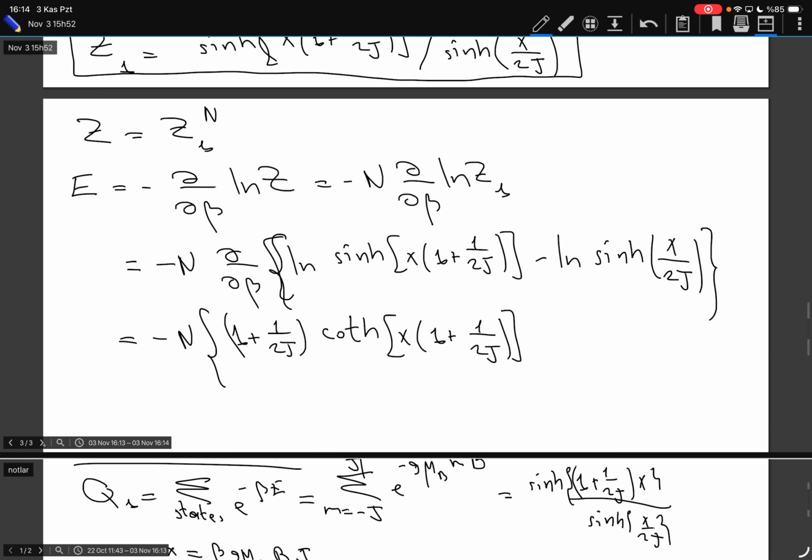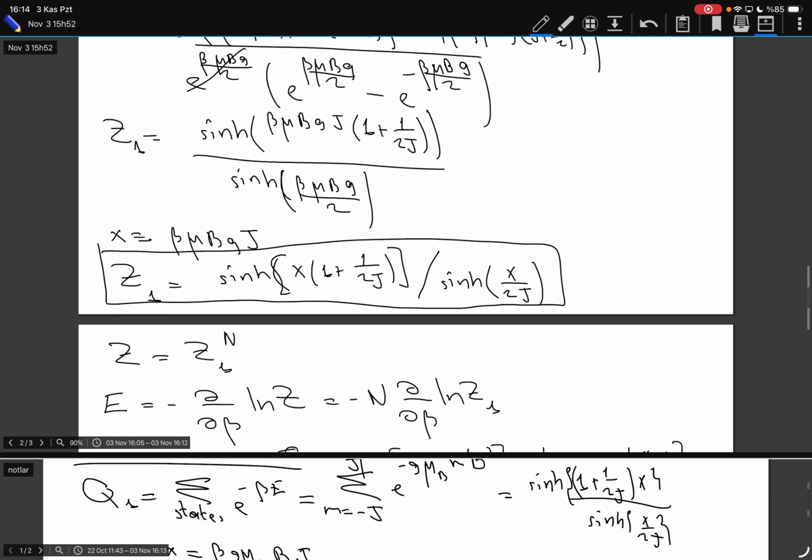Let me write it cotangent hyperbolic. It will be cosine hyperbolic over sine hyperbolic minus, well, the same thing over here, 1 over 2j cotangent hyperbolic x over 2j, times derivative of x with respect to beta.